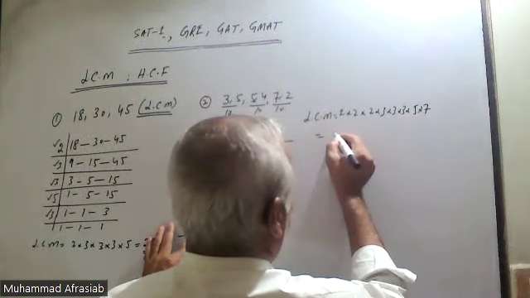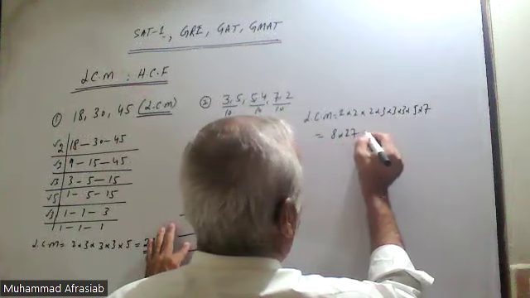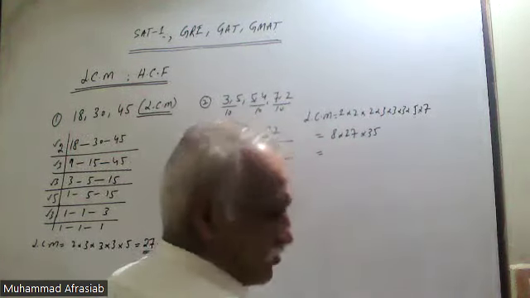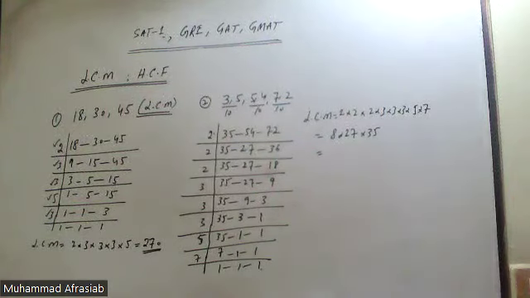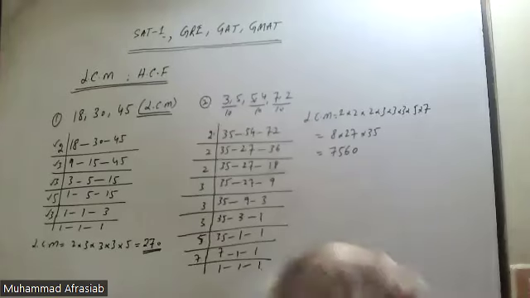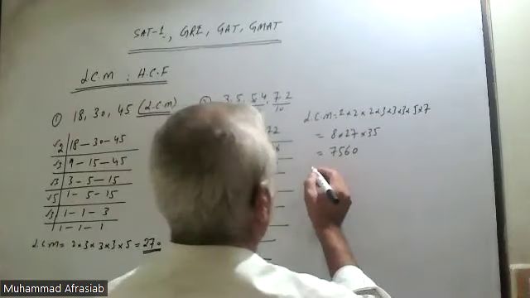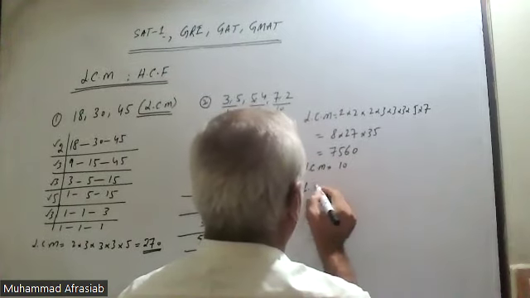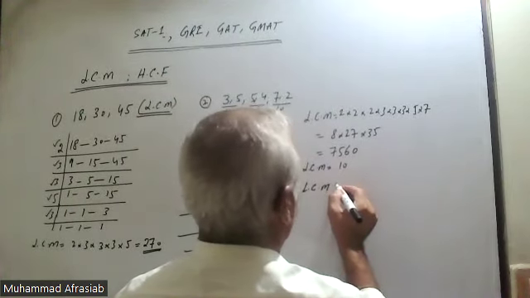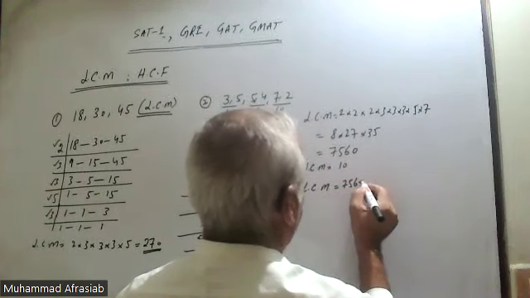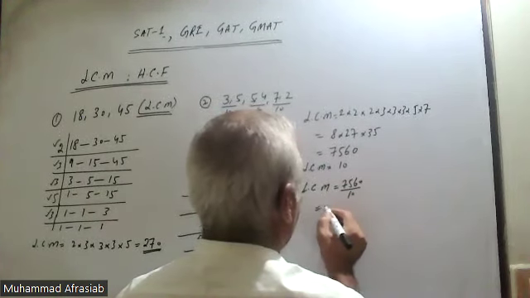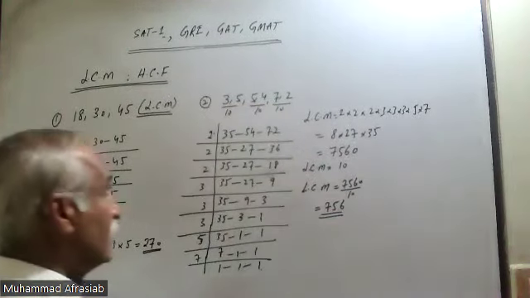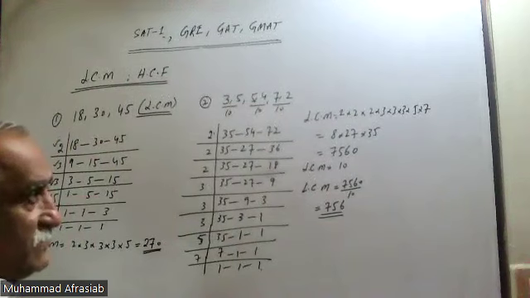This number is going to be 8, 27 and 35, which is equal to 7560. The LCM of the denominators is basically 10. So the final LCM is 7560 divided by 10, that is equal to 756. 756 is the LCM of these numbers.